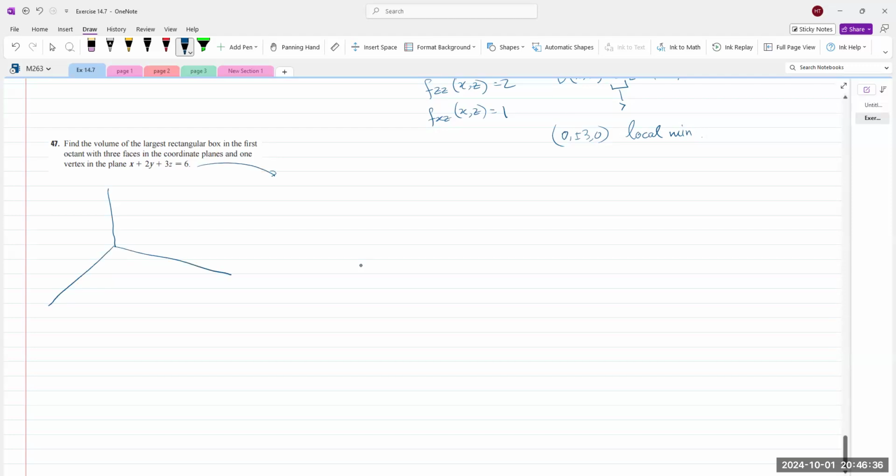So this plane is x over 6 plus y over 3 plus z over 2 equals 1, meaning the x, y, z intercepts are (6, 0, 0), (0, 3, 0), and (0, 0, 2). Okay, we want a box that looks like this.